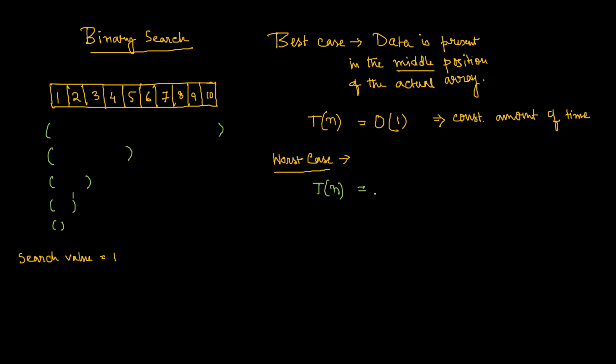by a constant amount for calculating the middle location. So constant amount means C, plus it will take time to search this half of the array. What I mean is, ultimately you have to find the time taken to execute some search operation using binary search on the entire data set.